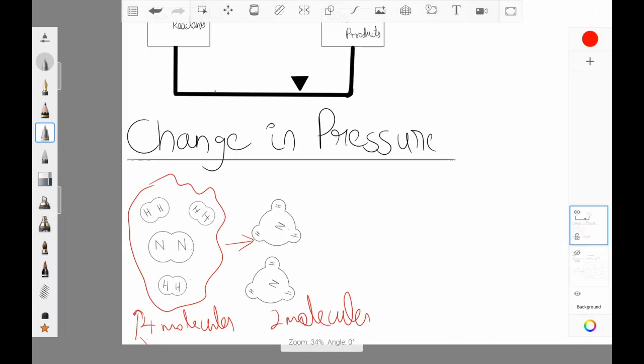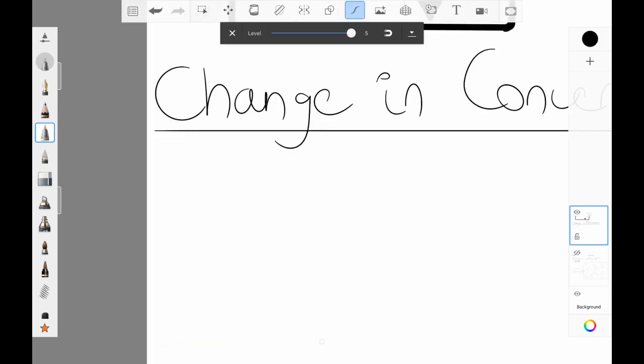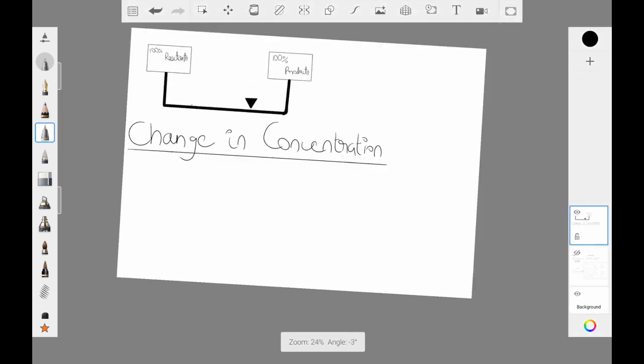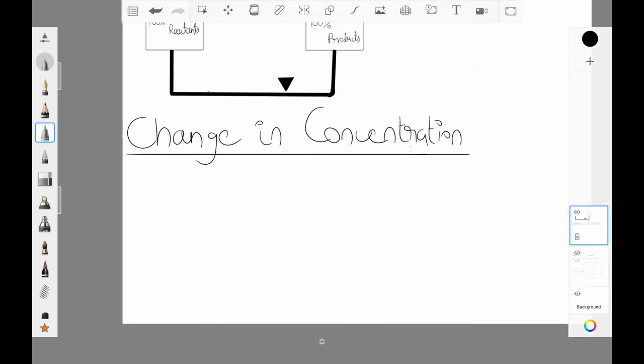And now we can move on to the third factor that can shift the equilibrium, that being a change in concentration. When we look at how a change in concentration affects the equilibrium, you're basically talking about changing the concentration of ammonia, where if I were to remove some of the ammonia after it has been formed, the closed system of the reversible reaction will make it so that more nitrogen and hydrogen react to form ammonia in order to restore the equilibrium.